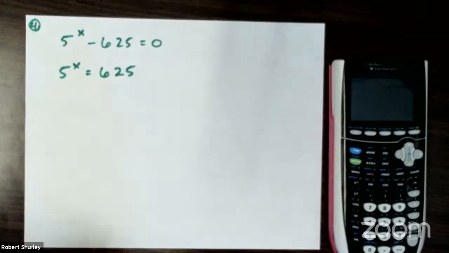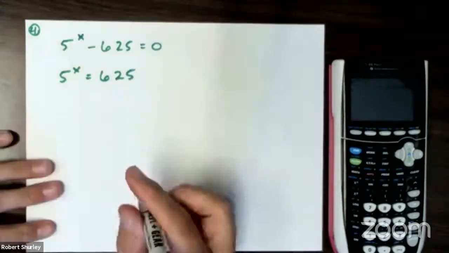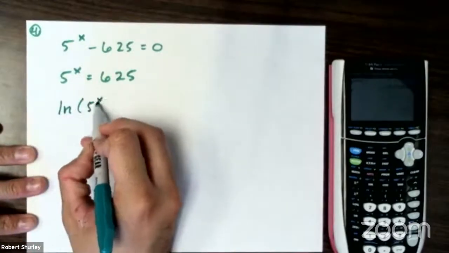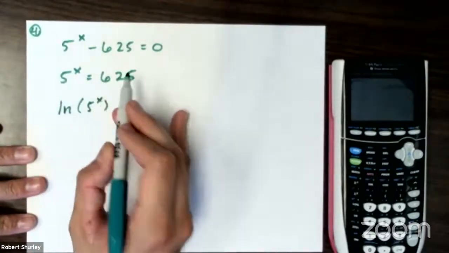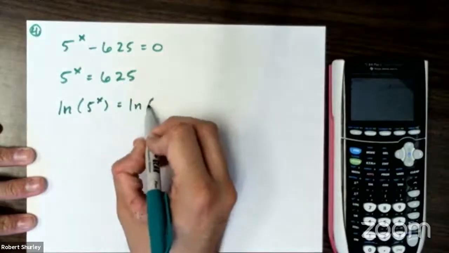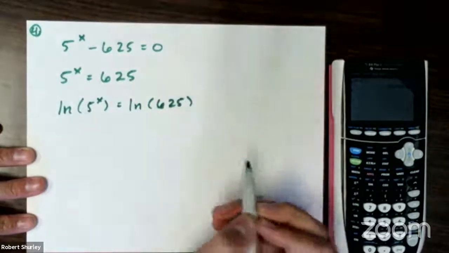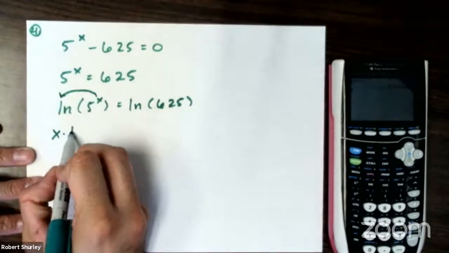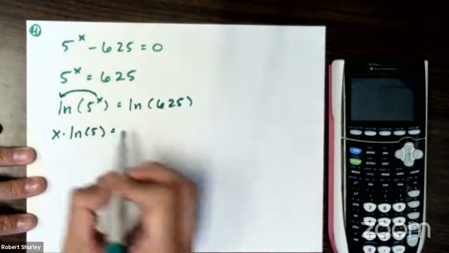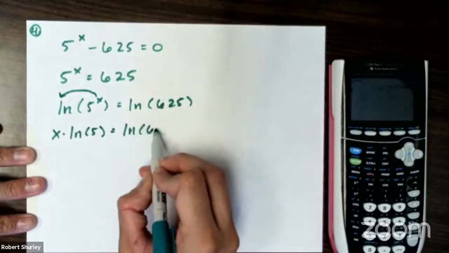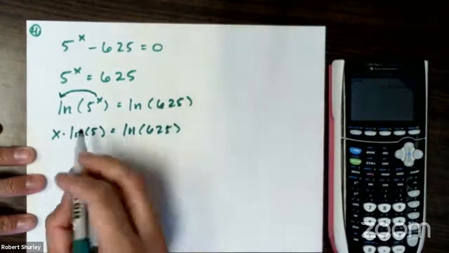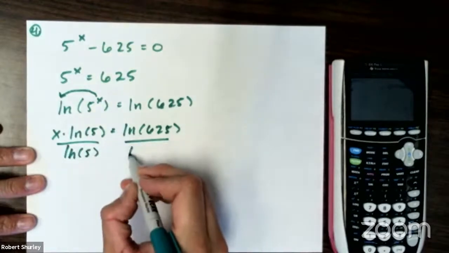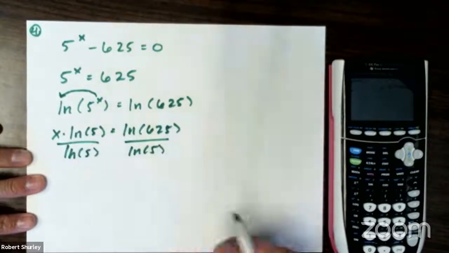Okay, let's see. Now, if you're not done, that's fine. We're going to just keep on chugging along here. So I'm going to take the ln of both sides because I have an exponent equals a number. And then the rule says I can bring the x out front. So x times ln of 5 equals ln of 625. Divide the ln away, so I'm left with my x value.